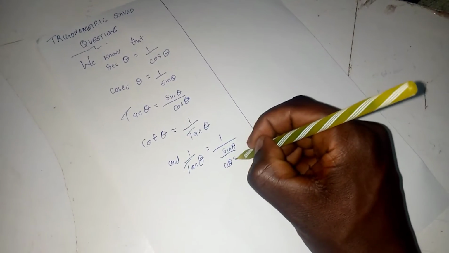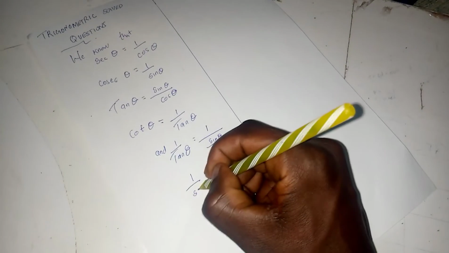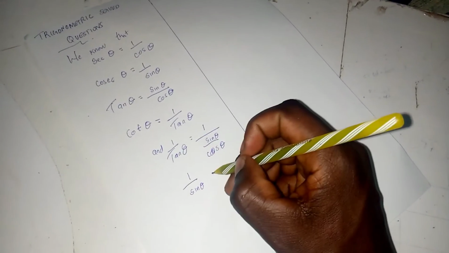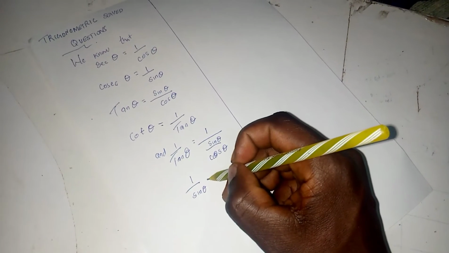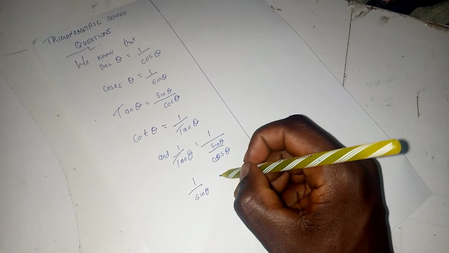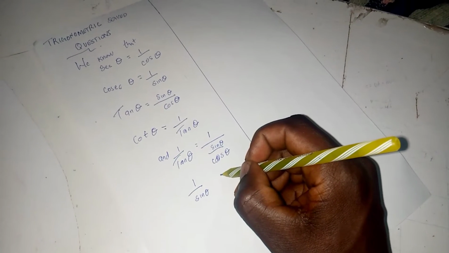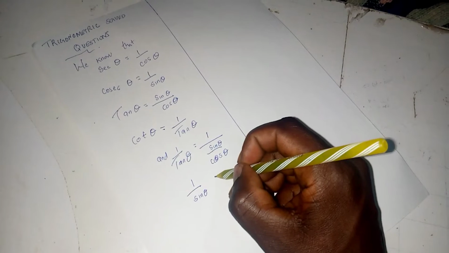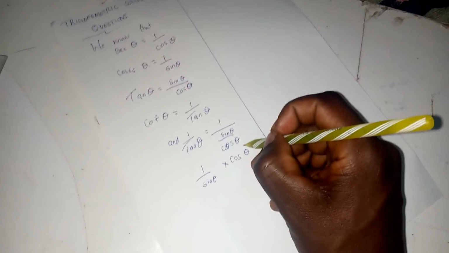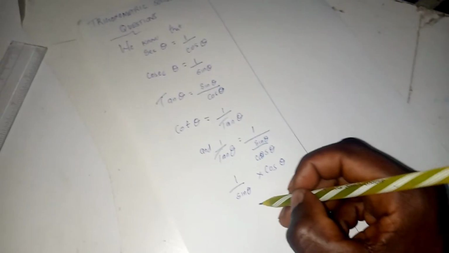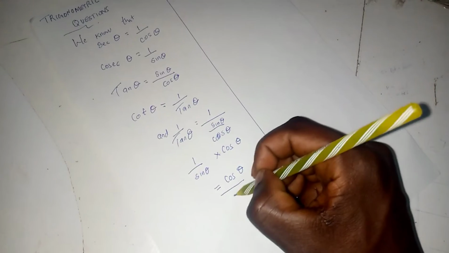Tan theta is sin theta over cos theta, so dividing 1 by it gives 1 over sin theta times cos theta, which will be cos theta over sin theta.